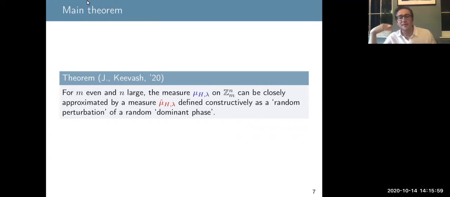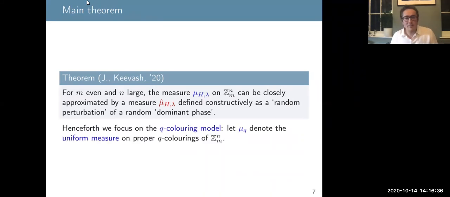And here I want you to be thinking of dominant phase as the dominant phase as I showed you in the Peled-Spinka and Galvin-Kahn theorems. We will elucidate all of these terms in the coming slides. And what's important here is that we can really understand in great detail what this random perturbation is. We'll be able to get a very strong handle on the distribution of these random perturbations, and therefore a very strong understanding of our original measure. So that's our theorem in vague terms.